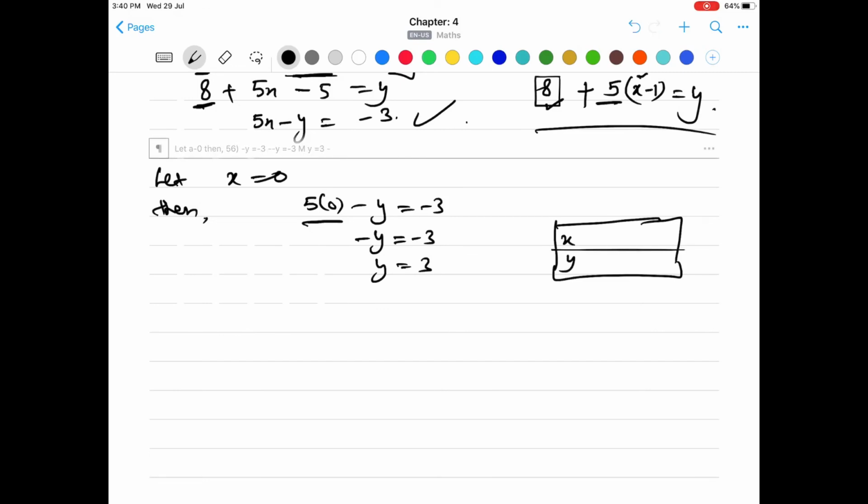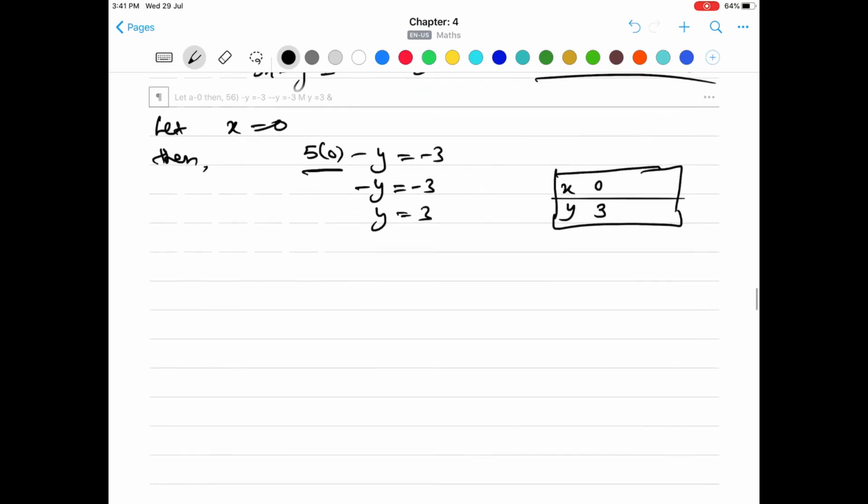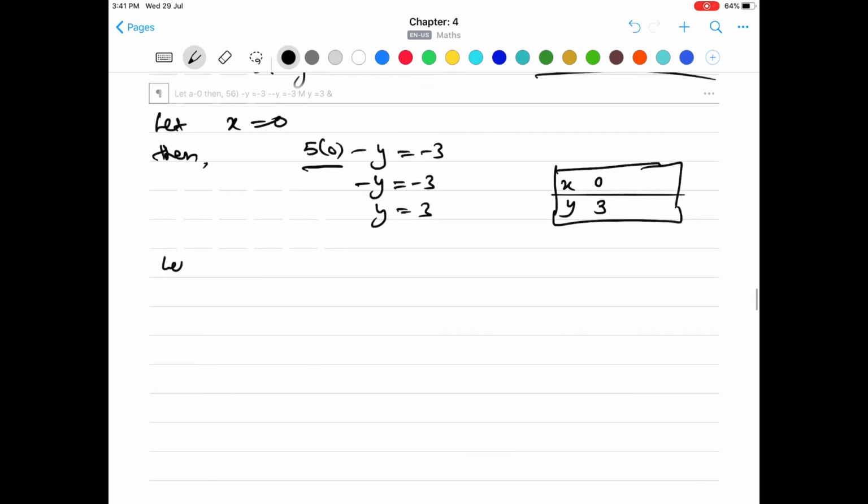Write for x here and y here. So after taking x equals 0, we are getting y equals 3. Now let's assume another value, x equals 1. So y will be, then we have 5 at the place of x, we will write 1, minus y equals minus 3.